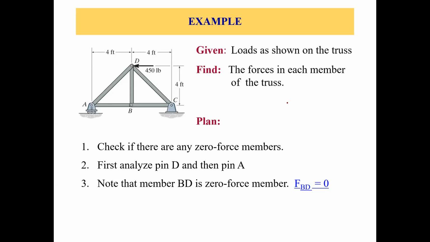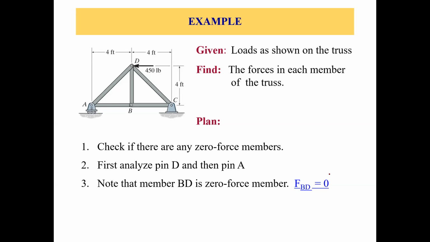Why? Because joint B has three members jointed together, out of which members BA and BC are collinear, and only member BD is non-collinear to these members. And there's no external load or support reaction at joint B. So member BD is a zero force member.